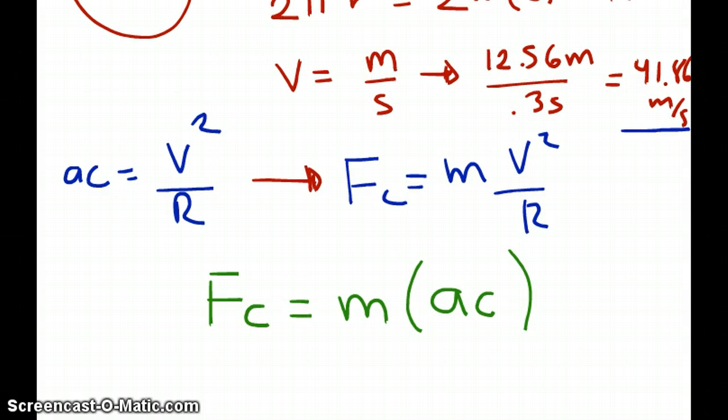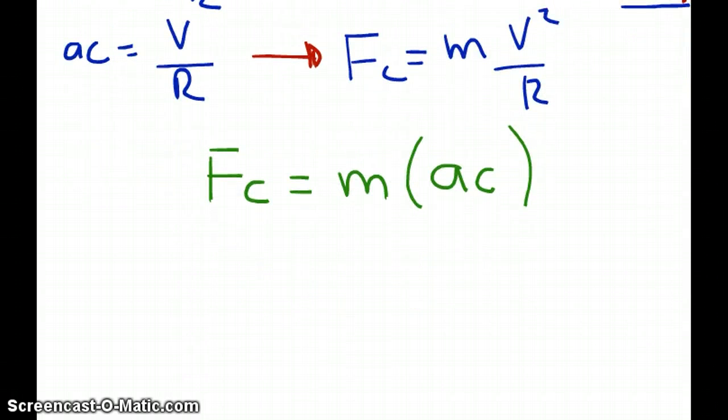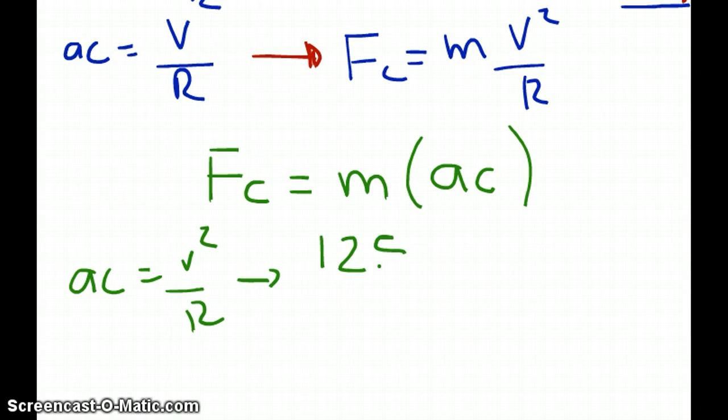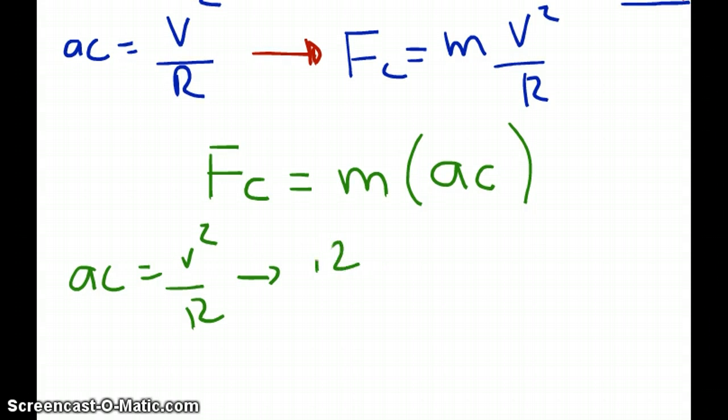So the value for AC is velocity squared, which is 41.86 meters per second, squared, over 2 meters. Sorry, it's not a 12, it's supposed to be a 41.